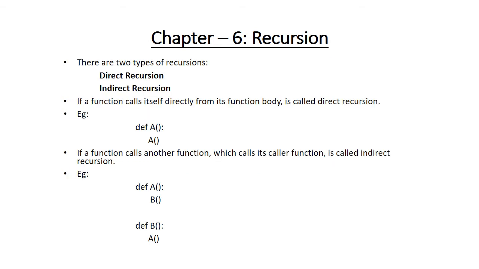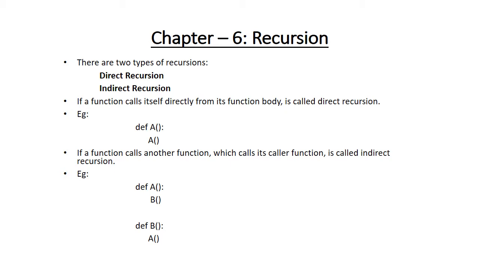Recursions can be classified mainly into two types: direct recursion and indirect recursion. If a function calls itself directly from its function body, it is called direct recursion. Example, the same as the previous one.